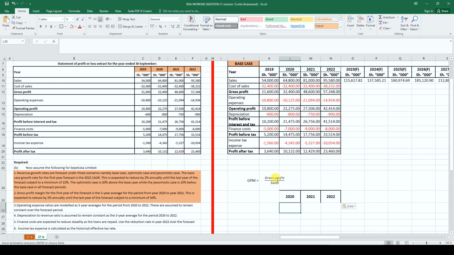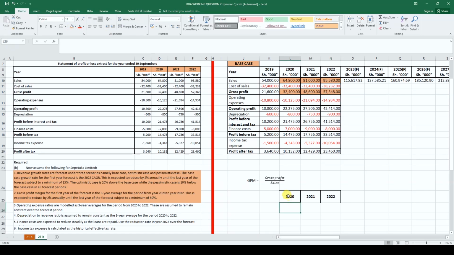We actually have the gross profit. This gross profit over here, we have it over here. I can highlight these gross profits over here, and the sales. So those two are what we need to get.